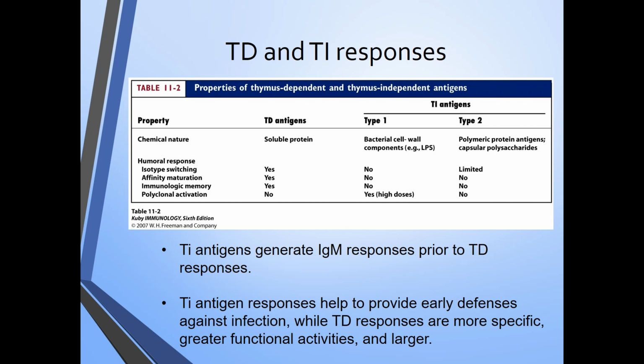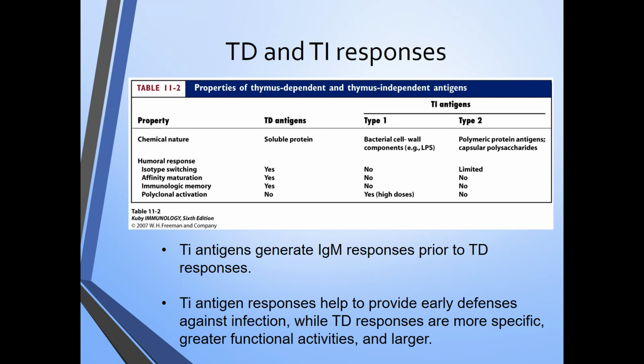Key things here is the TI antigens generate IgM responses prior to the T-dependent responses. It only takes 2 to 3 days to get a T-independent antigen response. However, it takes longer to get the T-dependent responses. So it's thought that the T-independent antibody responses help to provide early defenses against infection, while the T-dependent responses are more specific and have greater functional activity.